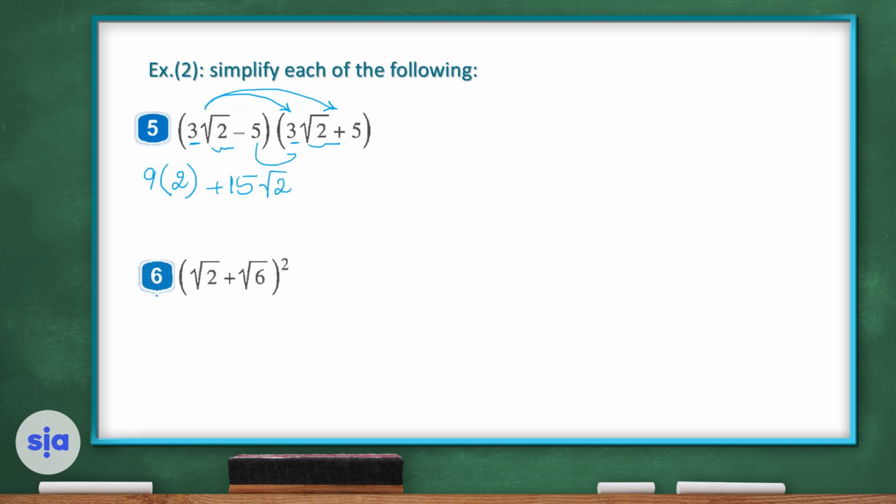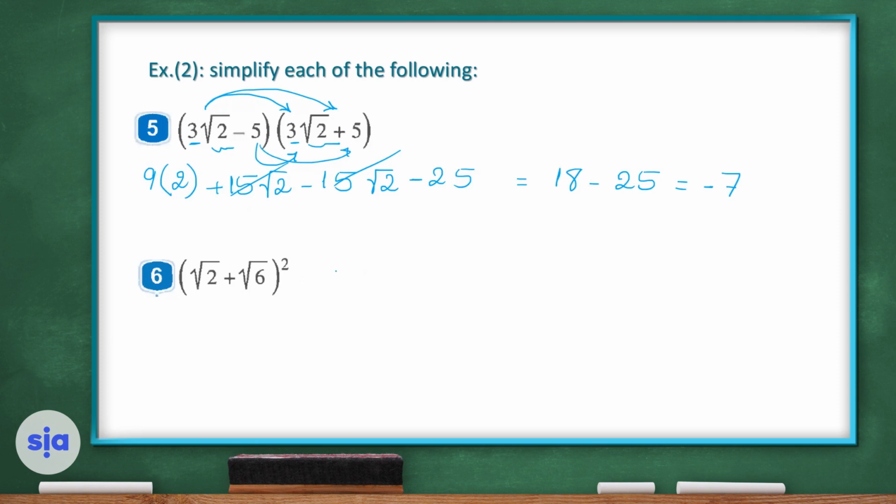After that, the negative 5 times 3 root 2 is negative 15 root 2. After that, the negative 5 times the positive 5 is negative 25. So these two are giving me 0. So it is 18 minus 25, which is negative 7.